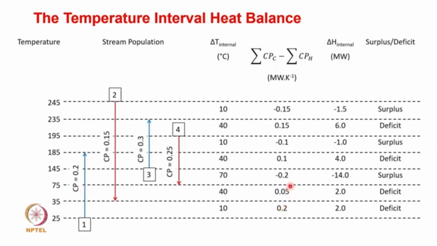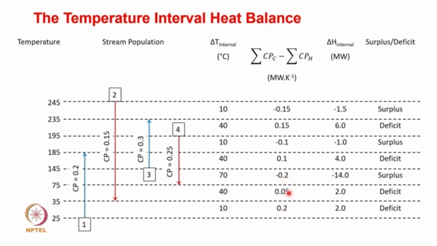Let's take an intermediate place wherein you have three streams. Two hot streams having CP values 0.25 and 0.15 sum up to 0.4, and the CP value of the cold stream here is 0.2. So 0.2 minus 0.4 would be minus 0.2.